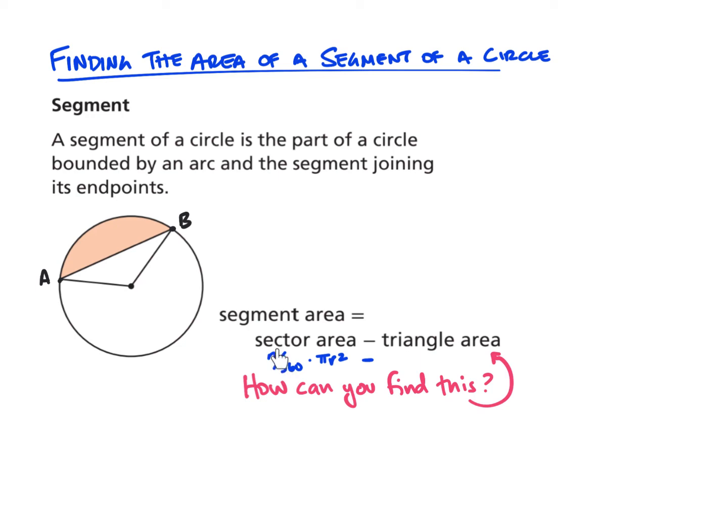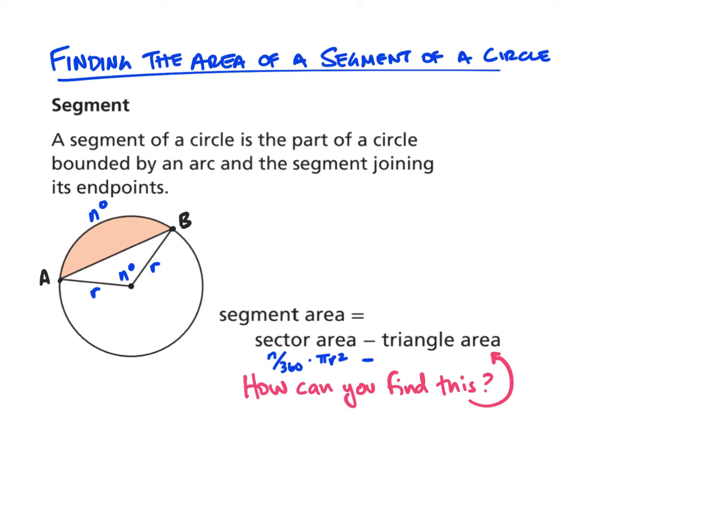Theoretically, if we're finding the sector area, we know the measure of this arc. But that would also mean we know the measure of this angle, right? That n degrees is the arc measure, but it's also the angle measure. And this angle has sides that are 1 radius long, whatever the radius of our circle is.